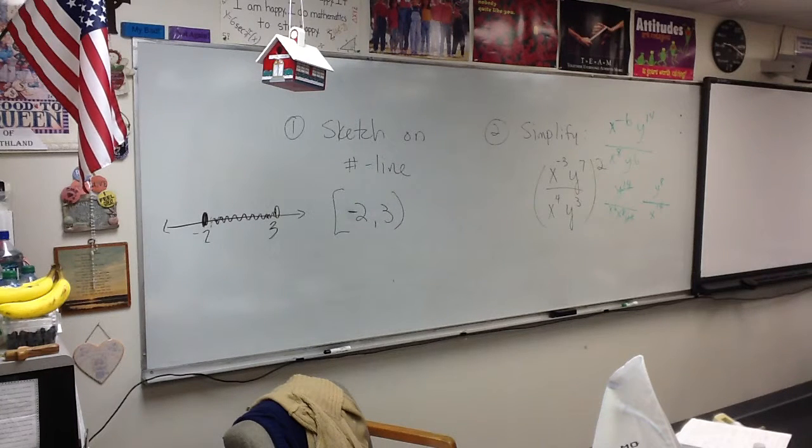Which property is illustrated? A is distributive. B. That is the old associative. No. Commutative. Boys and girls, if the order has changed, it's commutative.